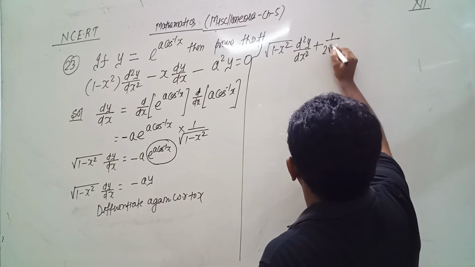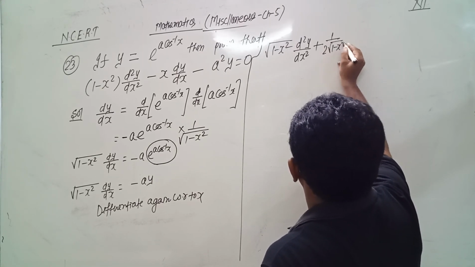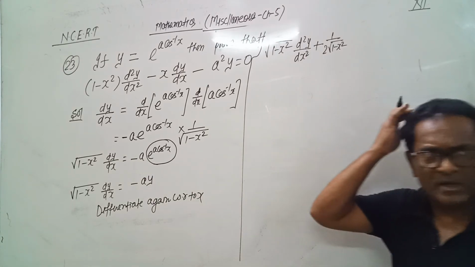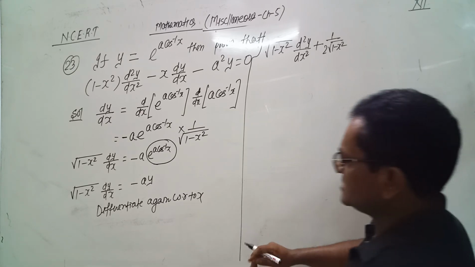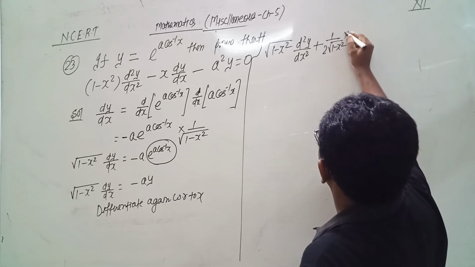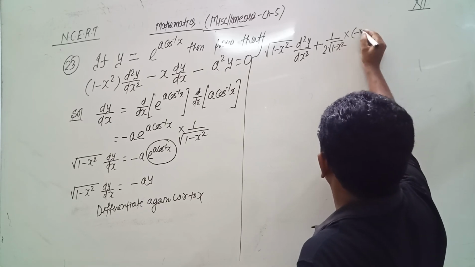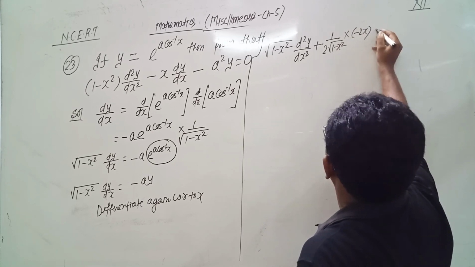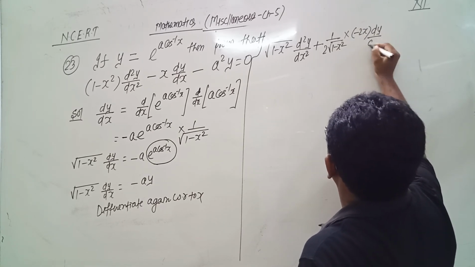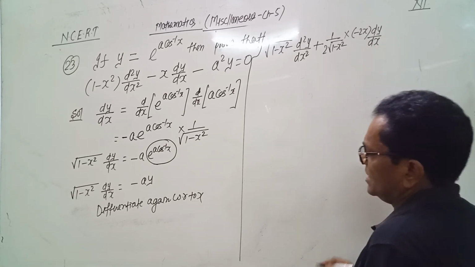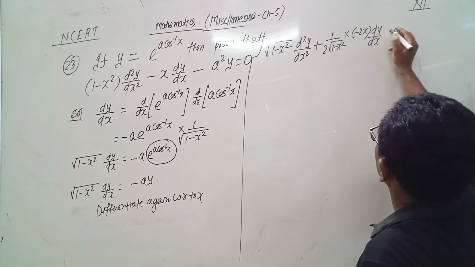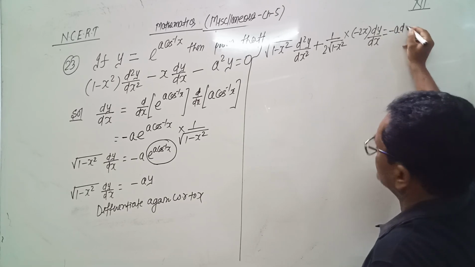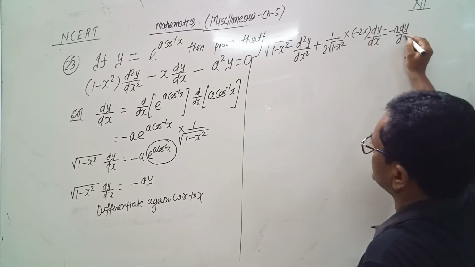So 1 by 2 root 1 minus x square, with the differentiation of 1 minus x square being minus 2x, and dy/dx written as it is, equals minus a, and differentiation of y is dy/dx.